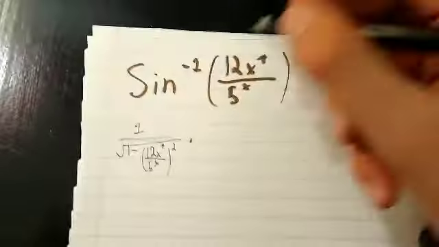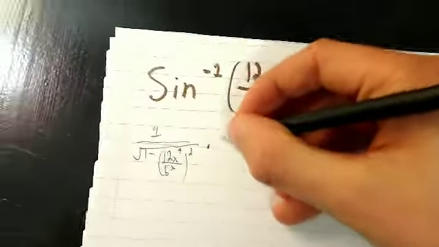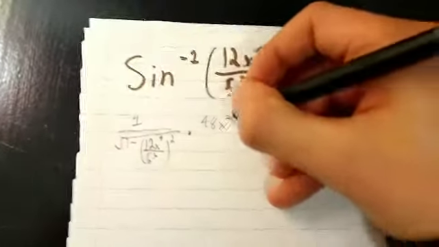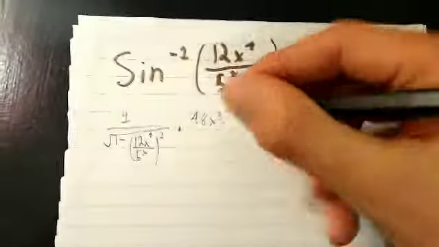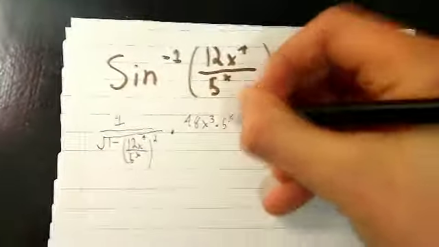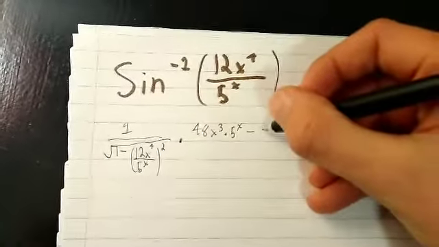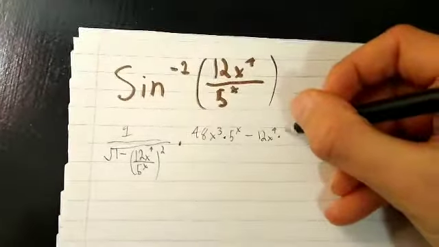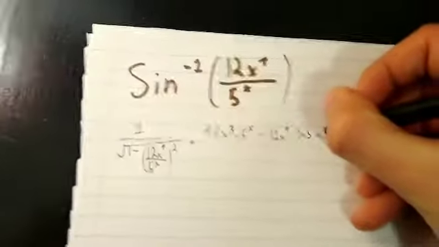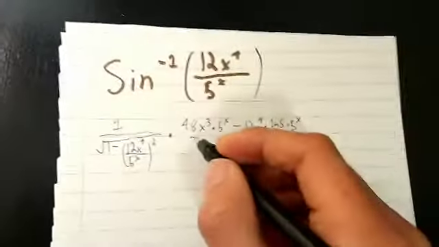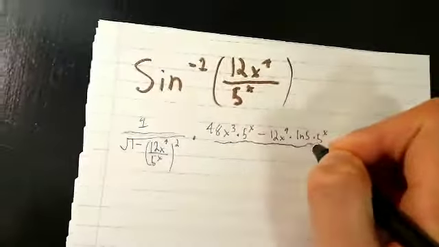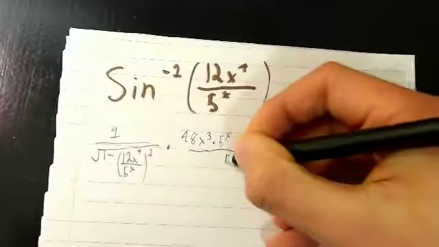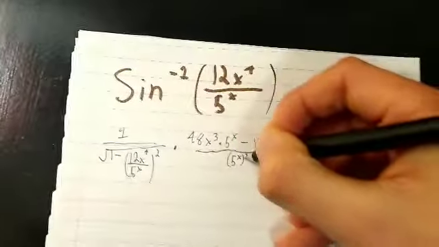So it comes out to be 48x to the third times 5 to the x minus 12x to the fourth times natural log of 5 times 5 to the x, and all this here will be over 5 to the x squared.